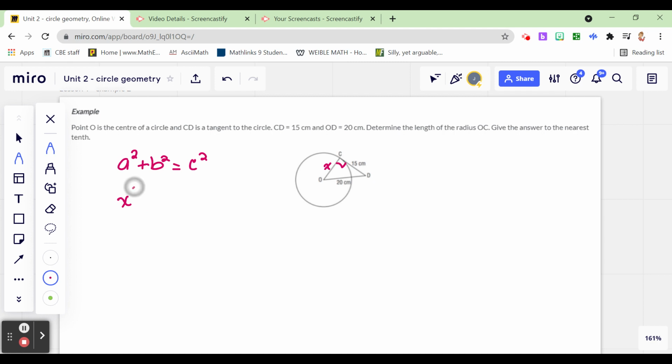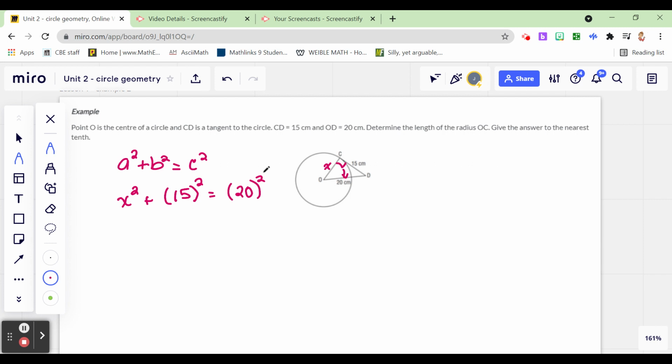It doesn't matter for the sides. My b is going to be 15 squared, because I know my hypotenuse is always the side across from the right angle. So I know that this OD is actually my hypotenuse, so that is my c in the Pythagorean theorem.